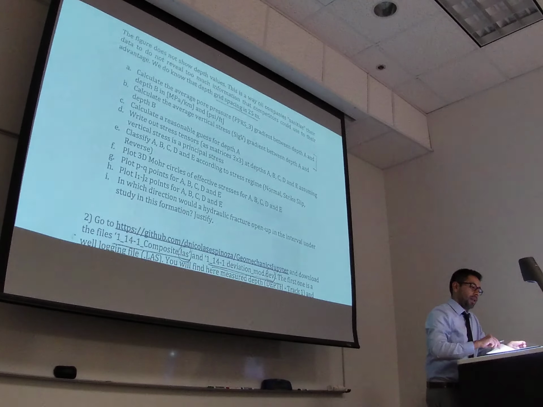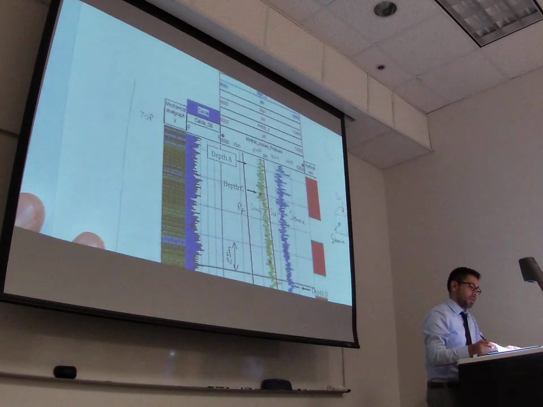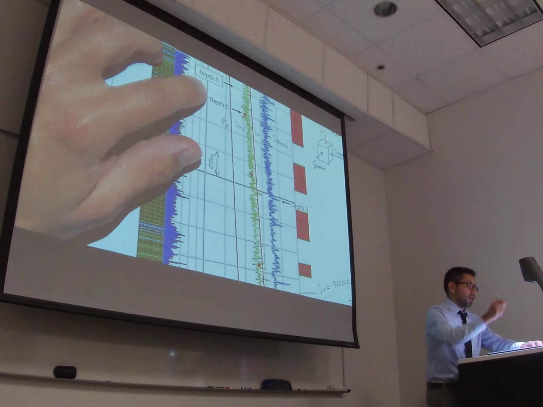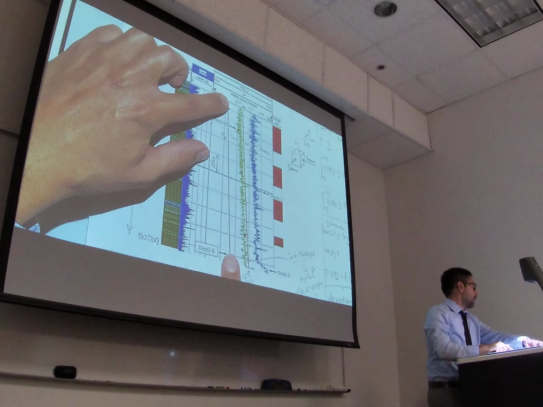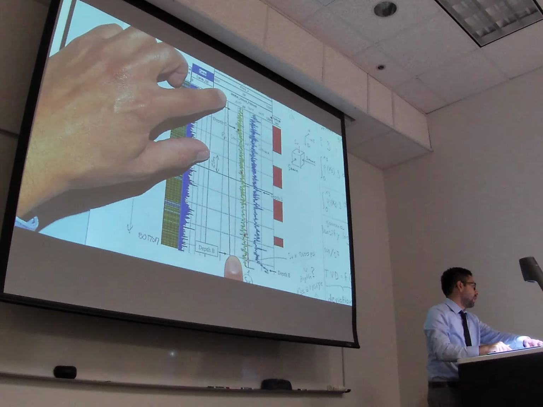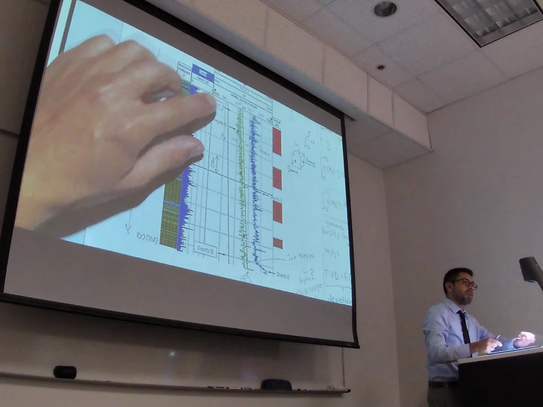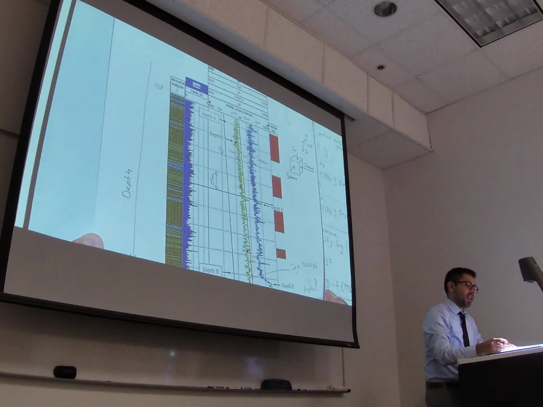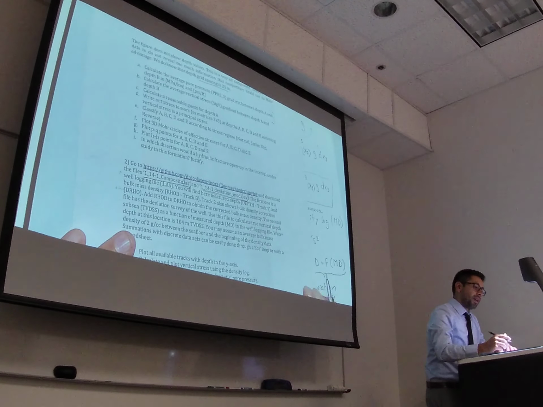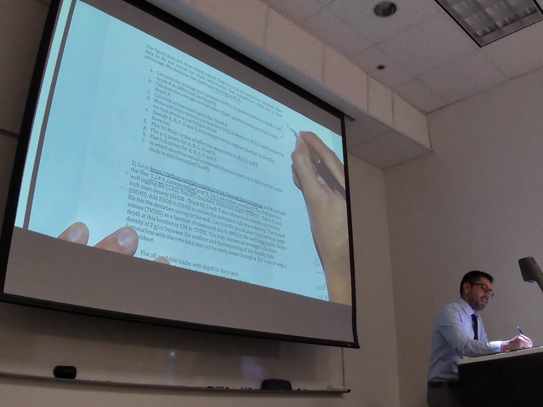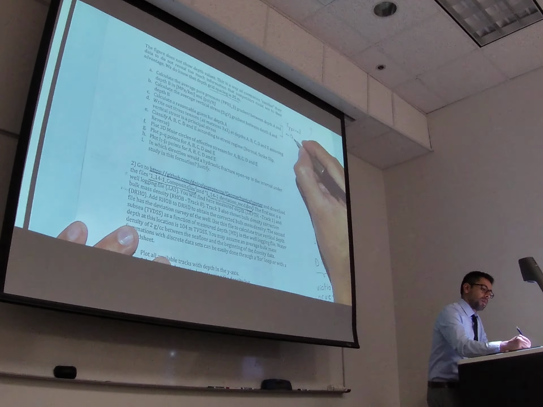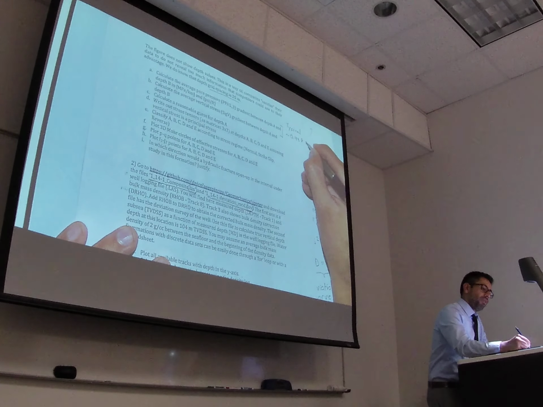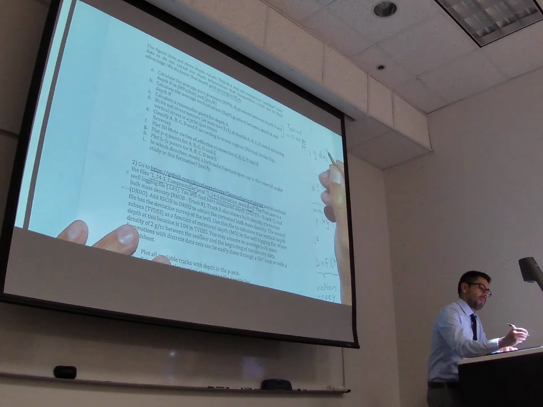And if you want to calculate this one, it's going to be, again, this number over here, minus that number over there, divided by the depth. That's going to give you the pore pressure gradient. A typical pore pressure gradient in hydrostatic condition is 0.44 psi per foot.